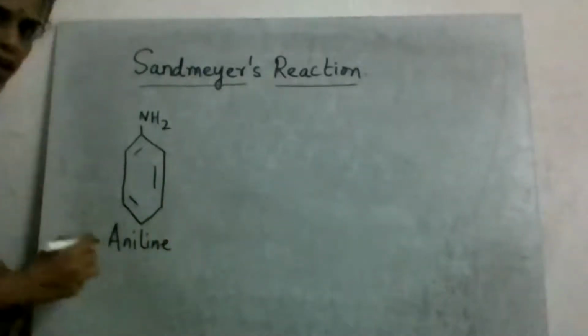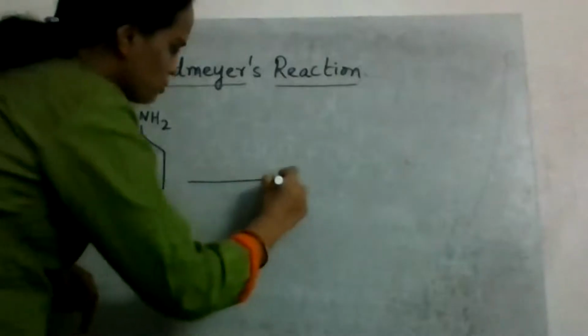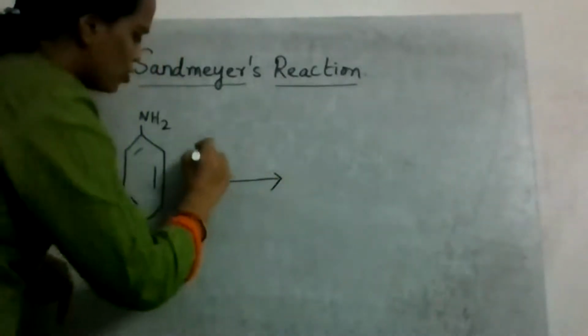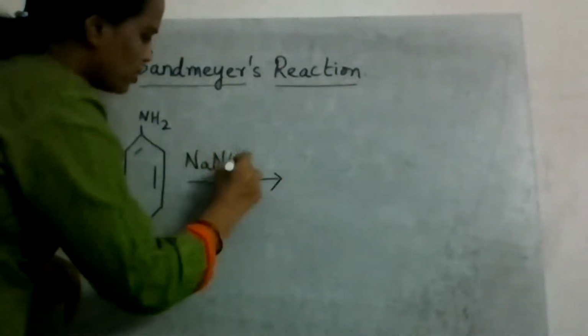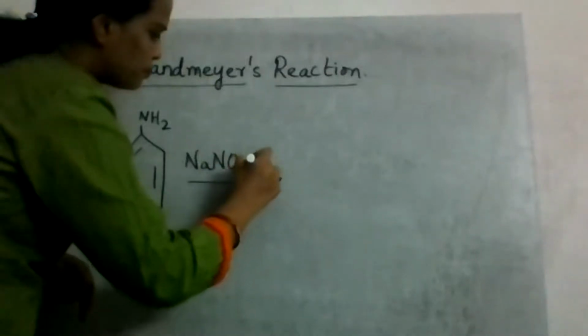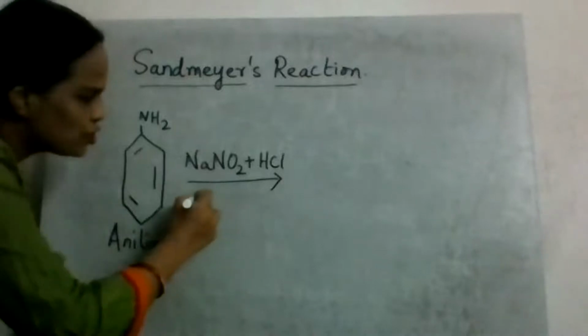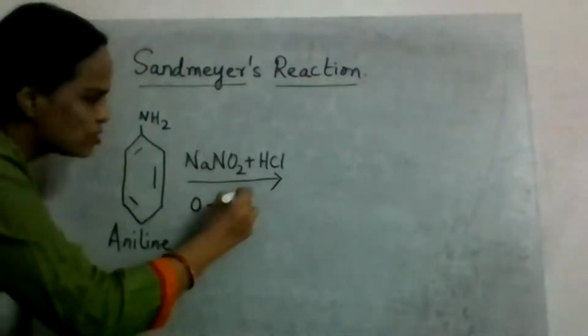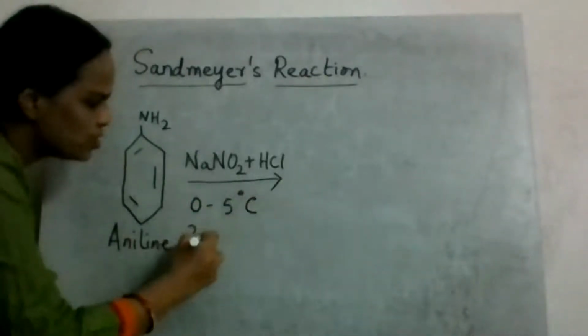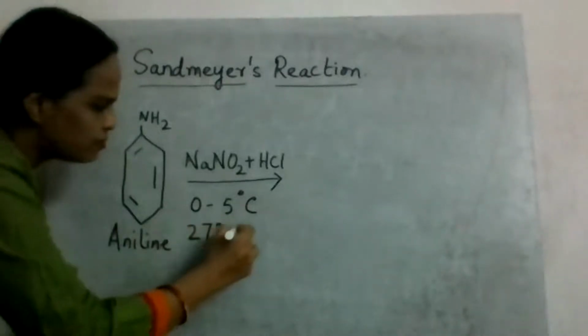Primary aromatic amine is treated with sodium nitrite NaNO2 in presence of HCl. Temperature conditions 0 to 5 degrees Celsius or 273 to 278 Kelvin.